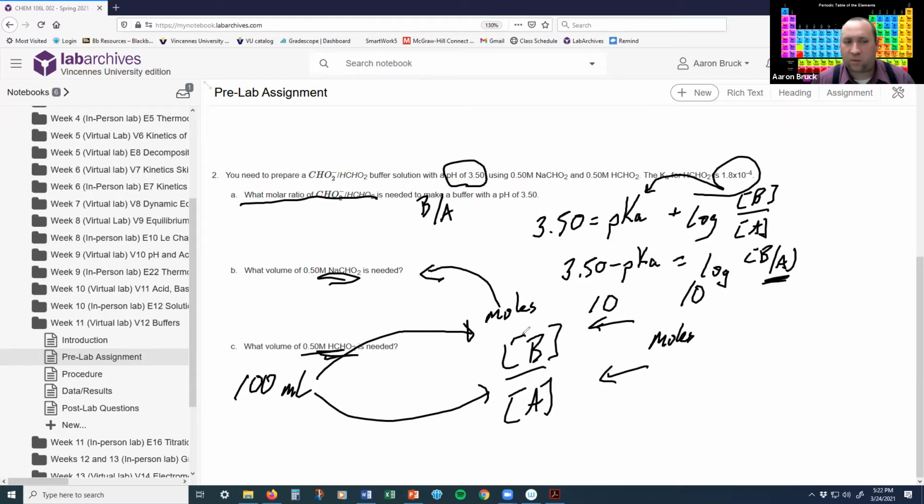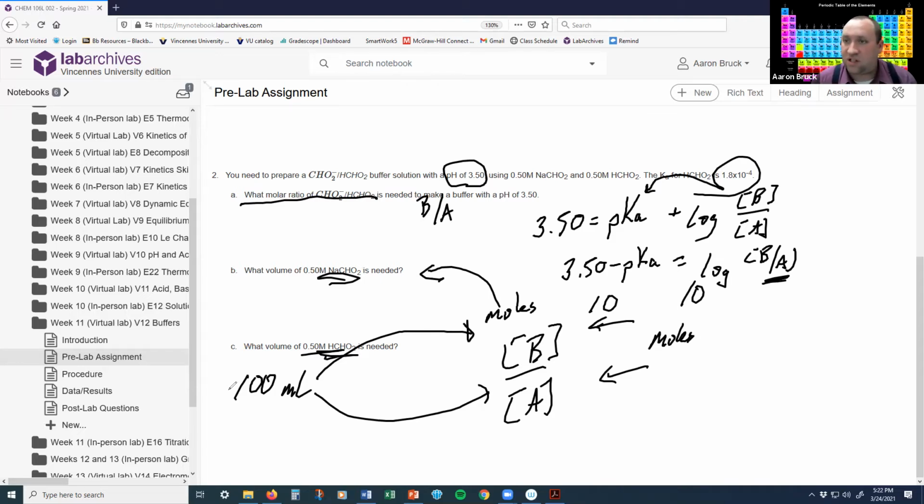And so that's where we're going to stop this video, at the end here with our pre-lab assignment. Again, there's another video coming with how to do the actual procedure, and this is important, how to handle those post-lab questions. So, we talked in the conceptual framework: here's what happens when an acid is added, here's what happens when a base is added.